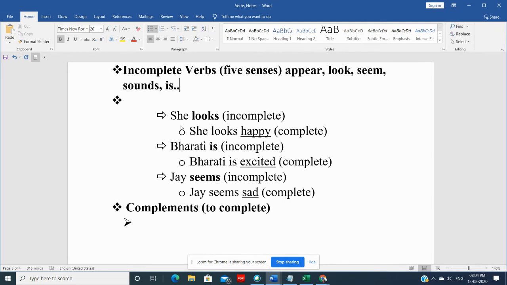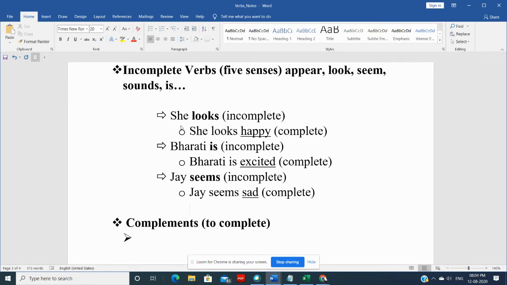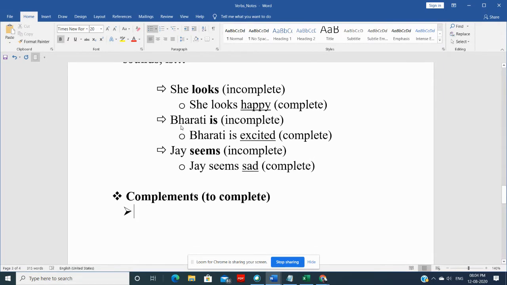Is, and so on. So they are incomplete verbs, and they need certain words which complete their meaning. So now let's start talking about these words which complete the meaning of incomplete verbs.